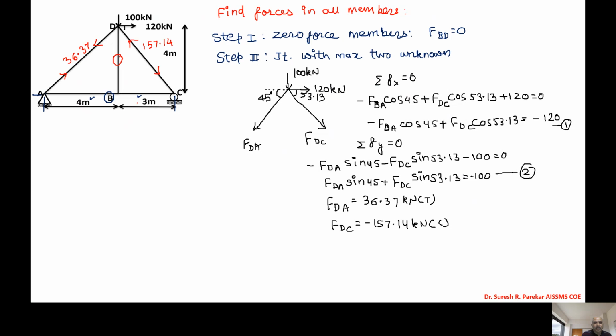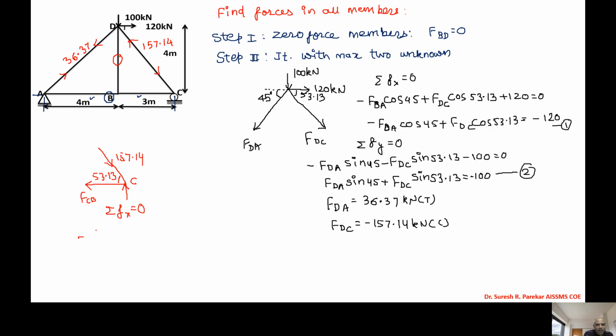Now we are interested in BC, so here I will consider joint C. We have this joint C, we have this reaction, and the force in this is 157.14, and this angle is 53.13. This force is FCB. Now you apply summation Fx equal to 0.